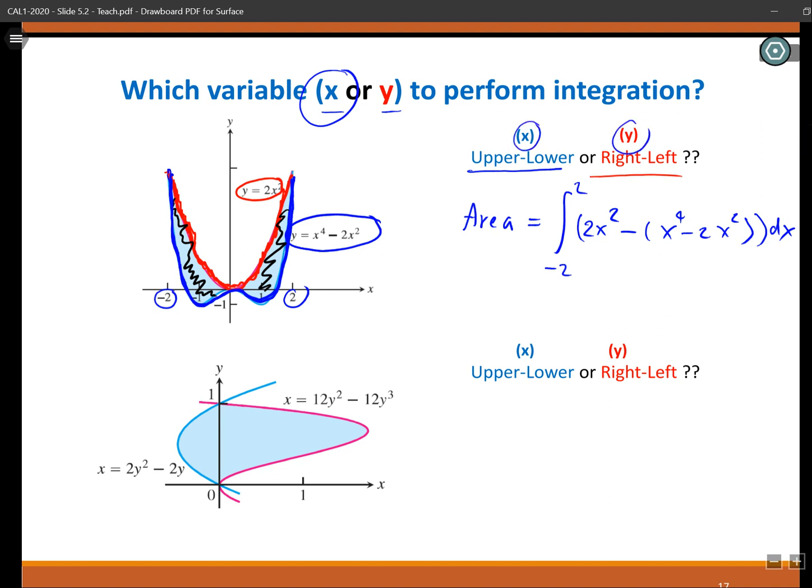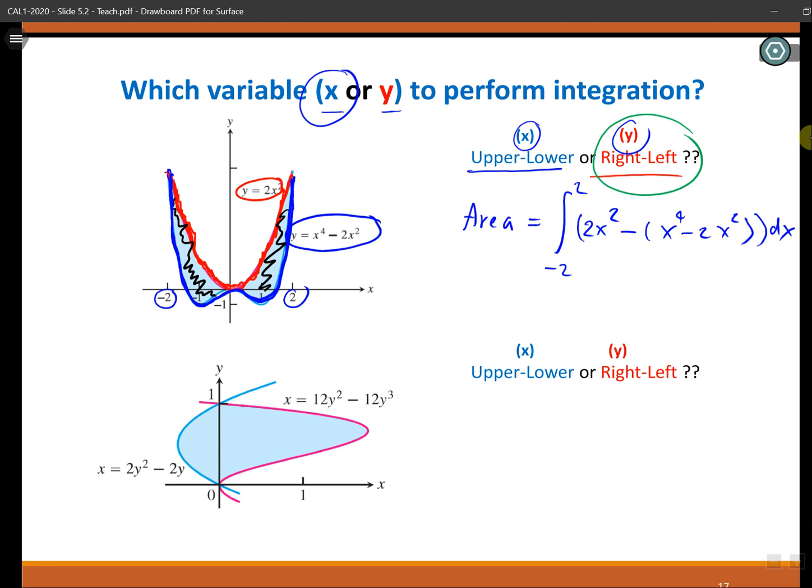Now you ask me, can I choose y? Yes, you can, but it's going to be a little bit more complicated. Maybe not a little bit. It's going to be much harder to use the y variable. Let's take a look why. In order to use y variable, you've got to have the right and the left boundary for the region you have.